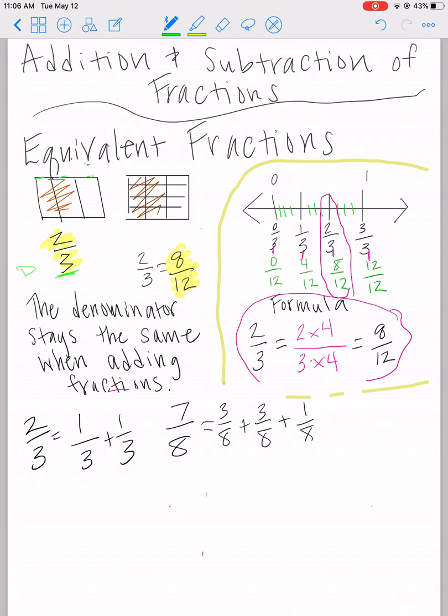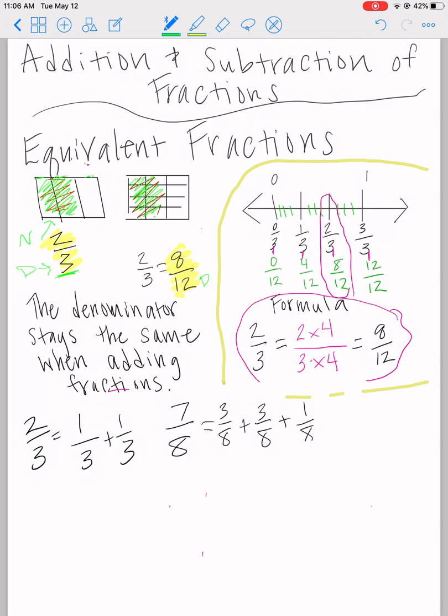Down low, the denominator equals how many parts. Now, the numerator equals how many are shaded. So you can see 2 are shaded, so that's the numerator. So same here. Denominator, there's 12 pieces. If you count them all, you'll get 12. But only 8 of them are shaded.